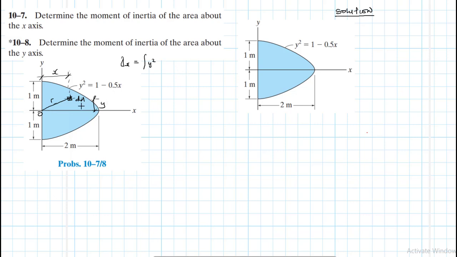So Ix is the integral of y squared dA, and moment of inertia about the y-axis is the integral of x squared dA. We also have what is called the polar moment of inertia, about the z-axis through the pole, which is the integral of r squared dA, which is also equal to Ix plus Iy, since r squared is equal to x squared plus y squared.